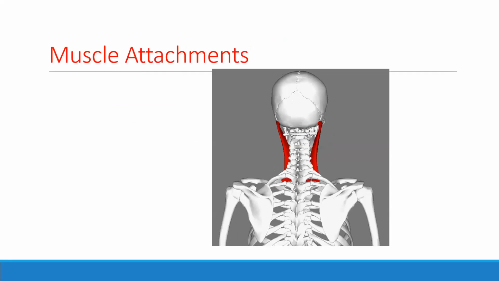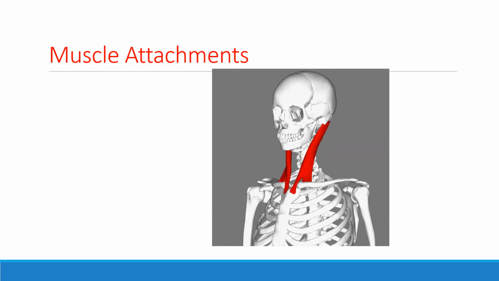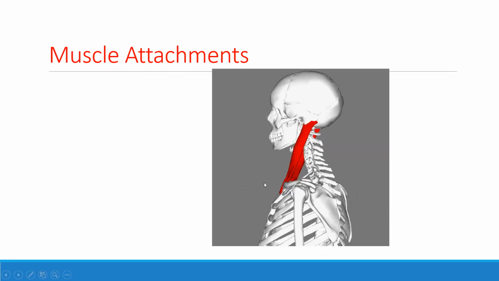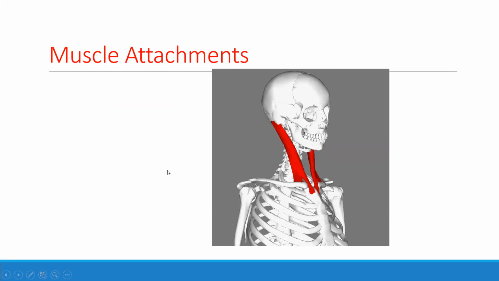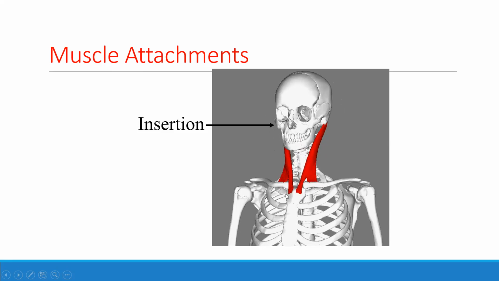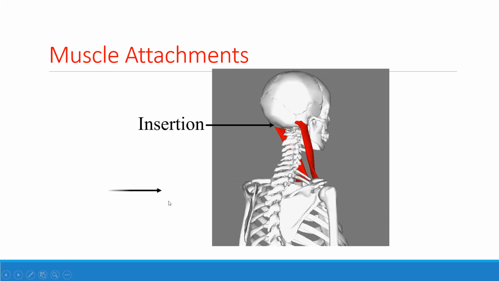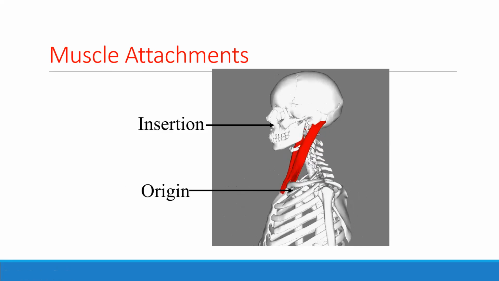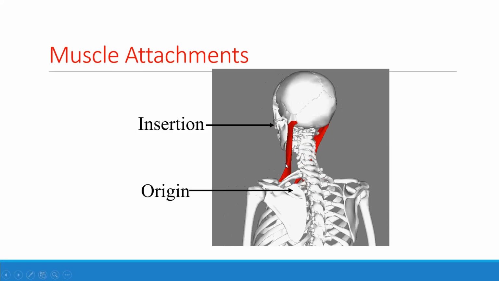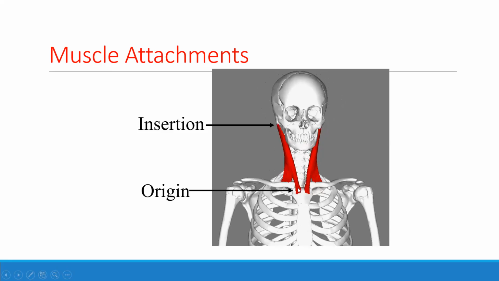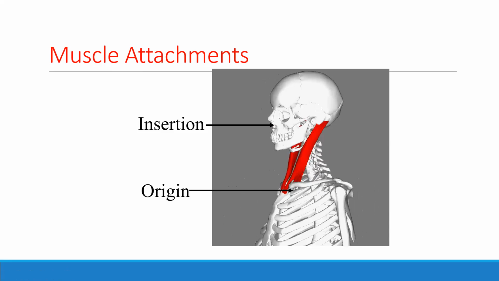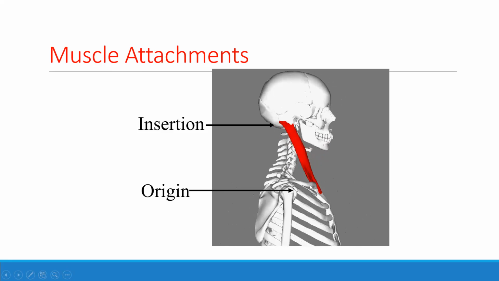Now, here's an example of an origin and an insertion. This particular muscle, there's a pair of muscles here, and their origin is sort of counterintuitive. The origin here is going to be on the clavicle and on the sternum. So their origin is down here, because the clavicle and the sternum don't move very much, if at all. So we have the sternum and the clavicle.